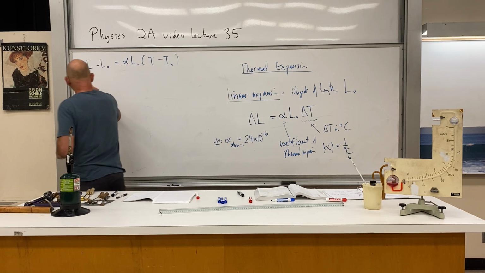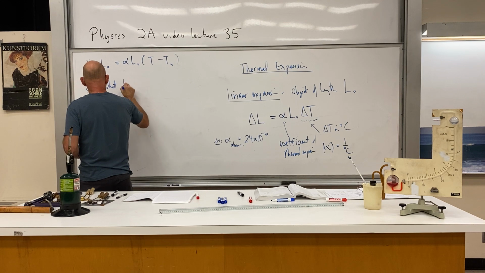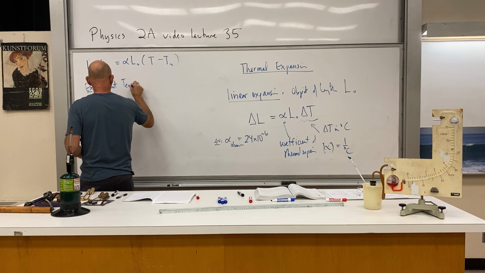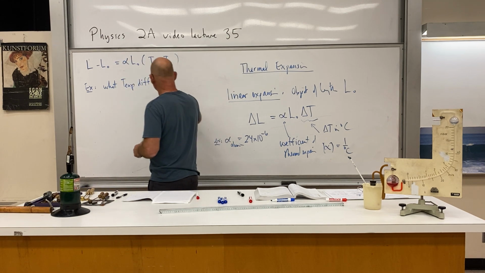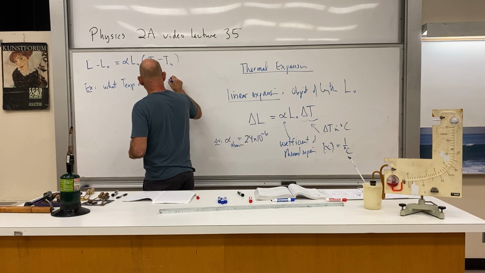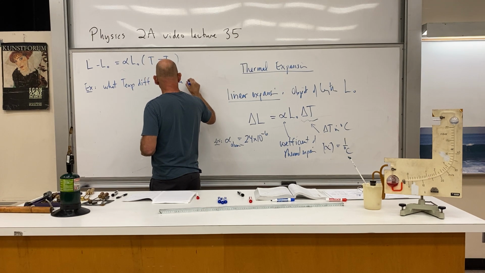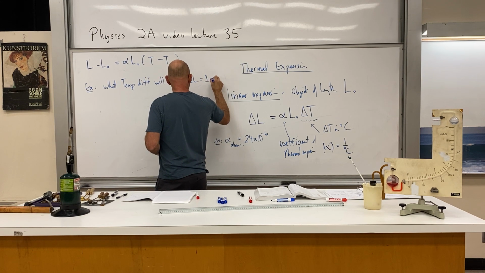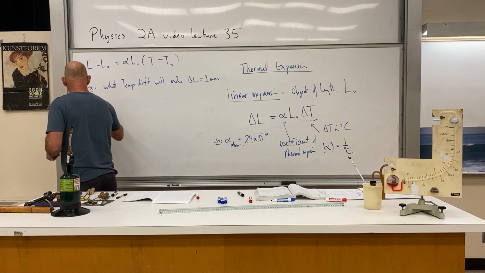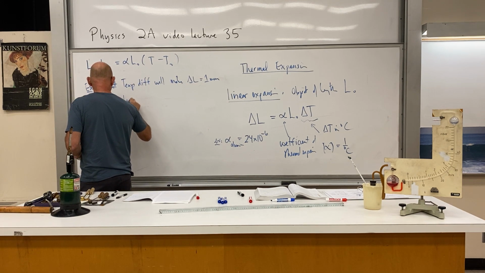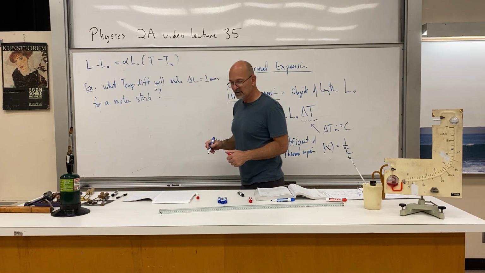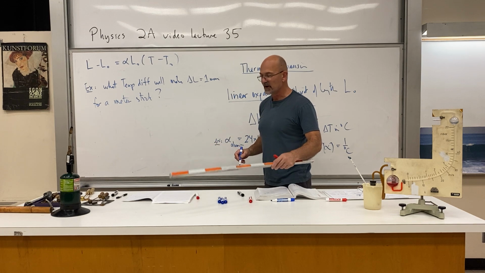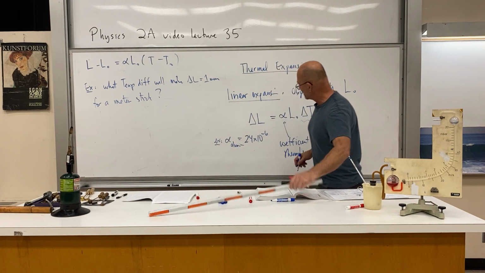So our example: what temperature difference will make delta L equal 1 millimeter for a meter stick? 1 millimeter, a 1,000th of a meter, is something you can just barely see, but it's a good application here.